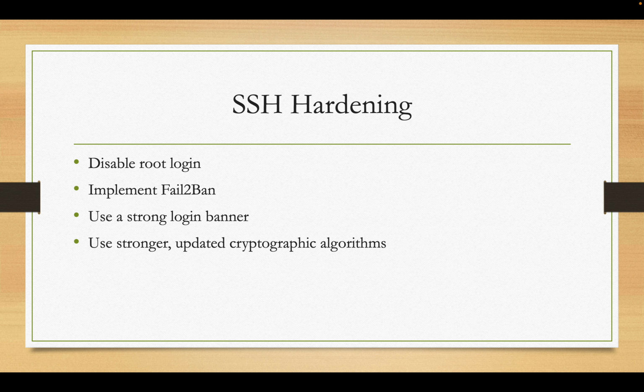If you go into the SSH configuration file and edit it so that it only allows for stronger, more up-to-date algorithms, then it will help better protect against attackers. So algorithms like AES, Advanced Encryption Standard 256, or other ones that are more up to date and stronger will overall give your server a better security posture.